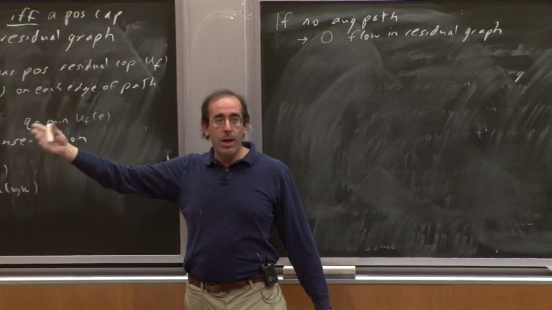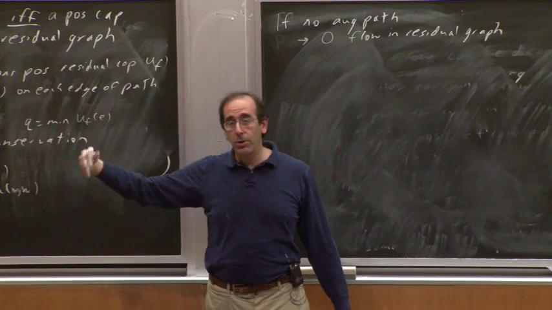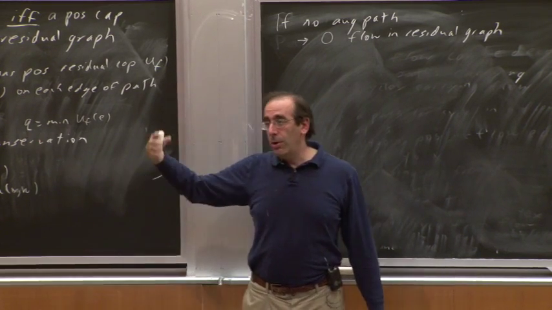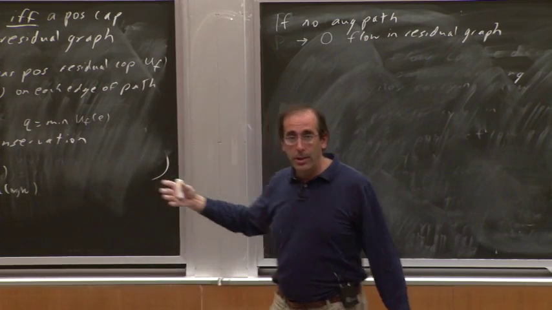You can't find a flow with non-zero value in the residual graph, because if you could, you would find a path in the decomposition of that flow, and this would give you an augmenting path. Yes?